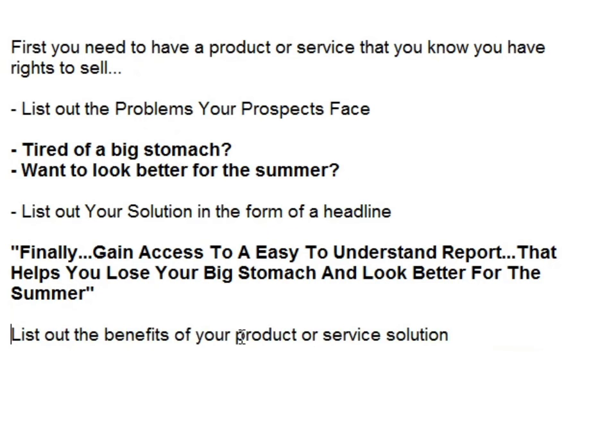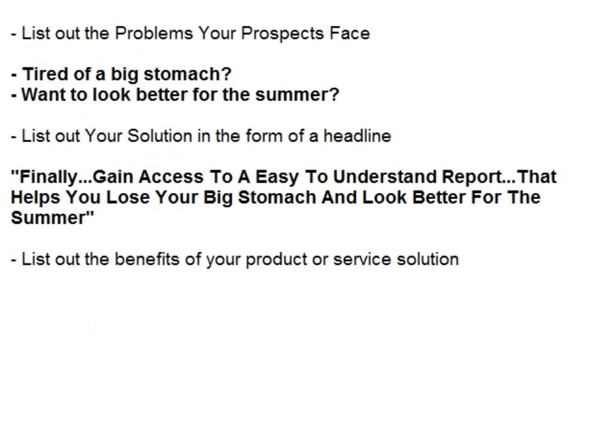So let's say I have a product. You could say something like, with blank, and the blank is the product name or the service that you're providing. With blank, you can, and start listing out benefits.